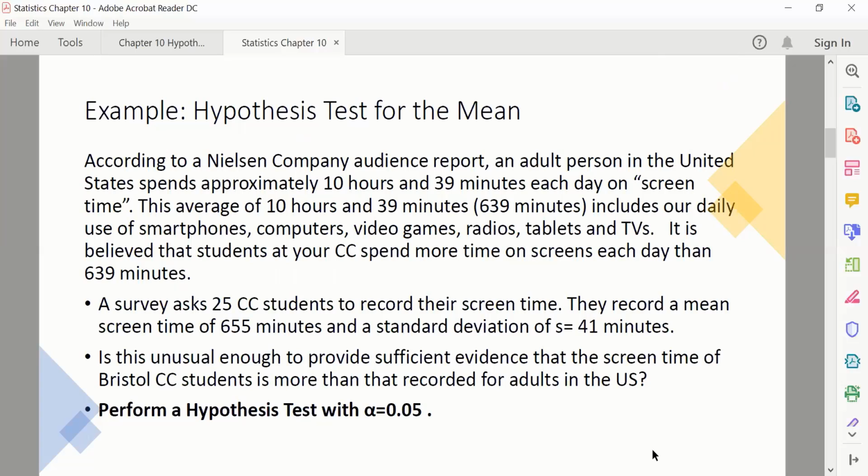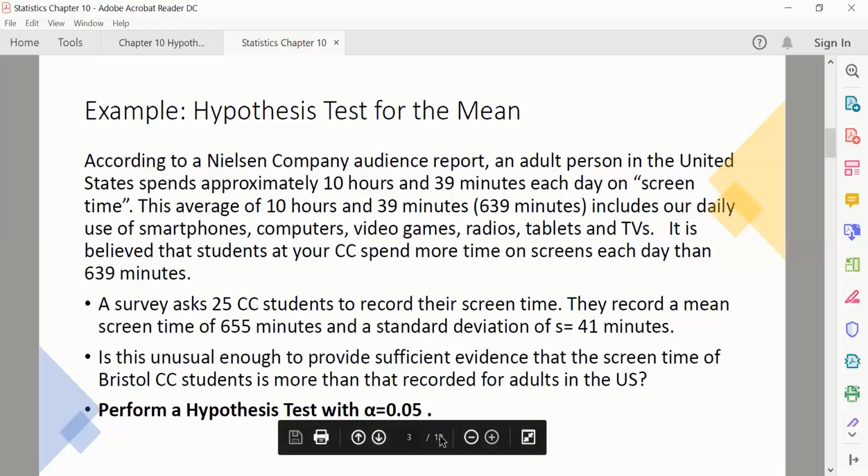So a survey asked 25 students to record their screen time, and they recorded a mean screen time of 655 minutes and a standard deviation of s equals 41 minutes. Is this unusual enough to provide sufficient evidence that the screen time of Bristol Community College students is more than recorded for adults in the US? Perform a hypothesis test with alpha equals 0.05. So that's the new part at the end.